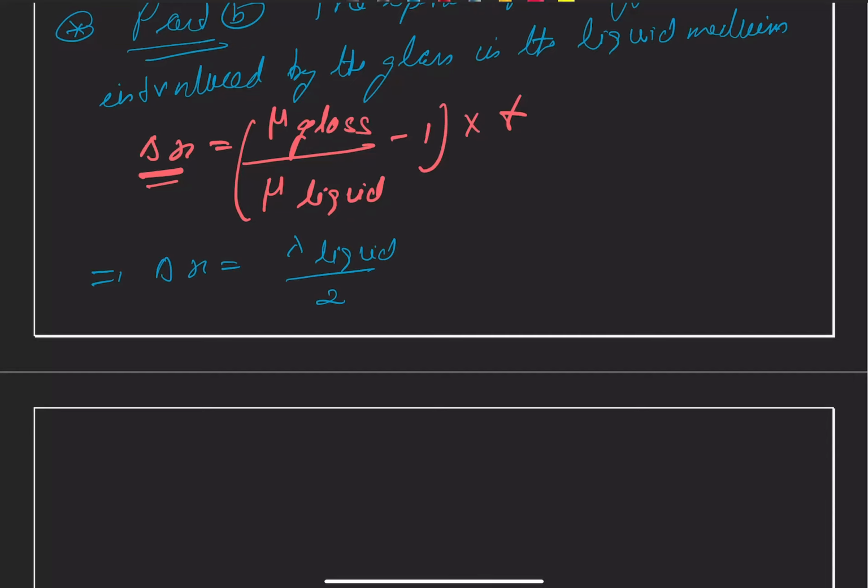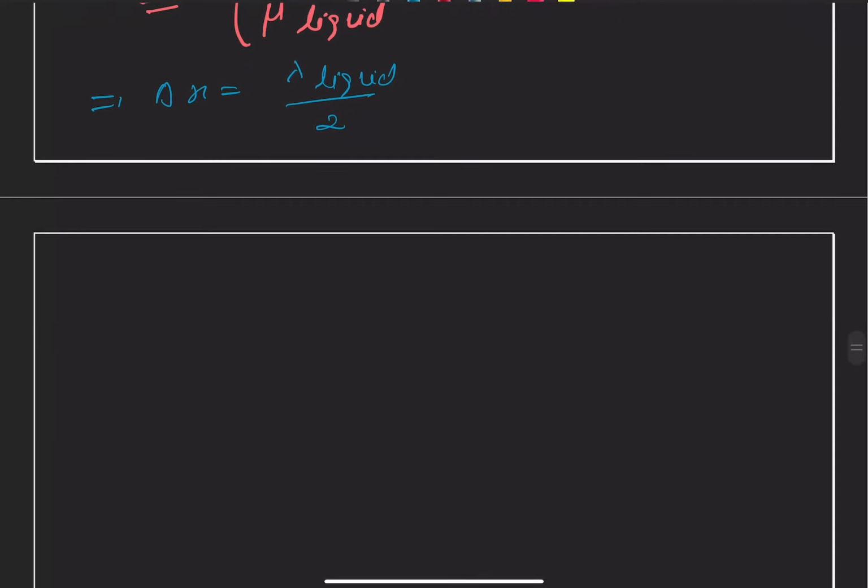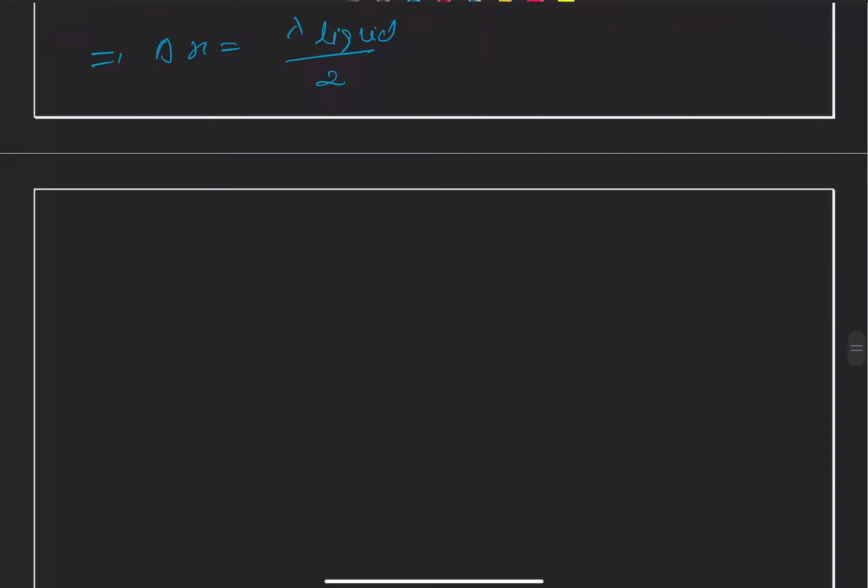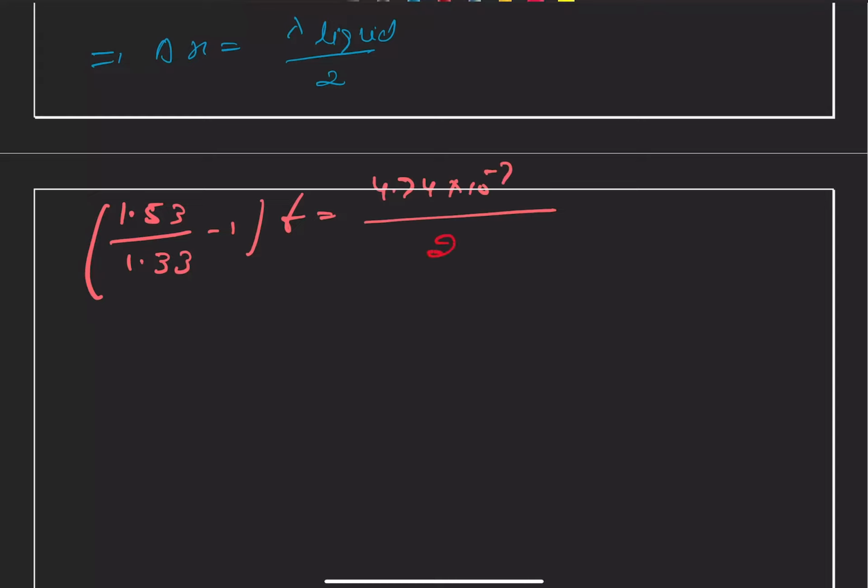If you merge these two equations and substitute the respective values, we get 1.53 divided by 1.33, minus 1, multiplied by T is equal to 4.74 into 10 to the power minus 7 divided by 2.